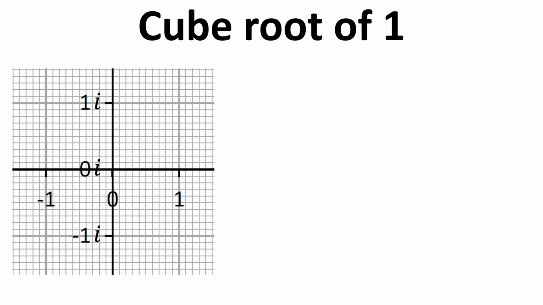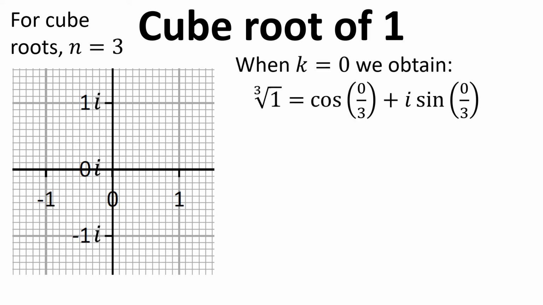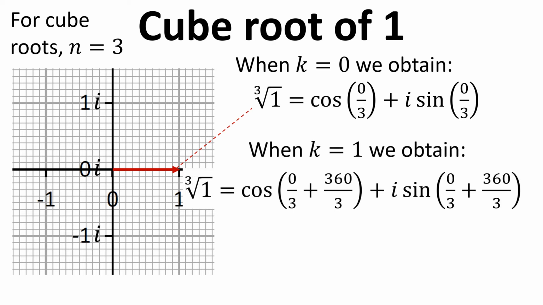What about the cube root of 1? Well, we can apply the same methodology, but this time n equals 3. For k equals 0, we obtain a value and that is just a value of 1 here. So that is one of the cube roots of 1. We could also set k equals 1 and we obtain another cube root.